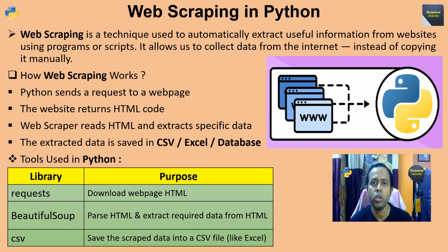This module is used to parse HTML and extract the required data from it. The third one is the csv module. This module is used to store the extracted information in a CSV file, meaning save the scraped data into a CSV file, right? And now I am moving into the Python IDE to write the Python code for web scraping.